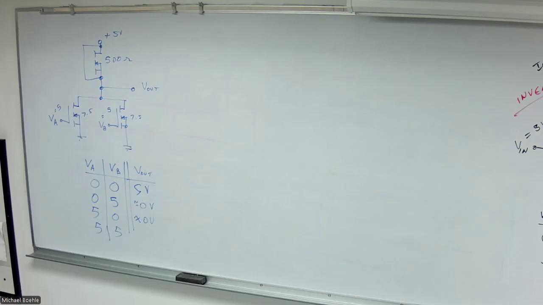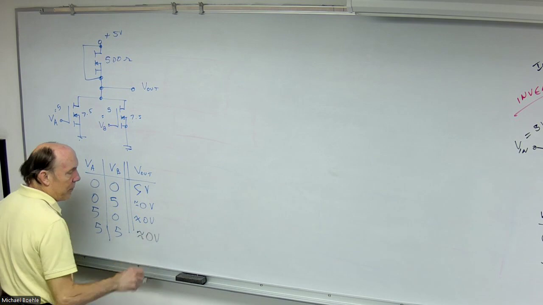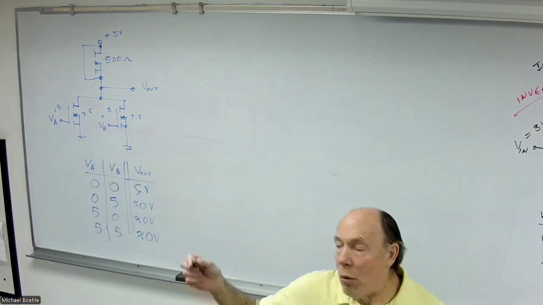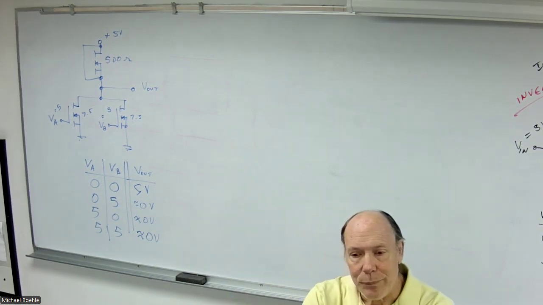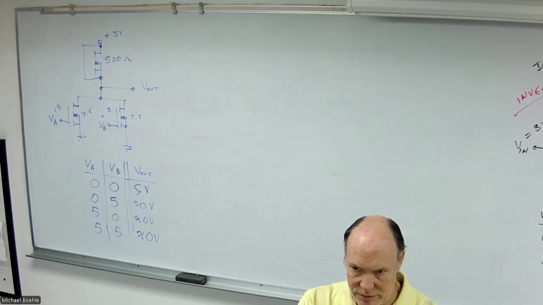Well, basically 3.75 divided by 507.5, 3.75 times 5, or about 37.2 millivolts. In other words, once again, about 0. What have I just built? What type of logic gate is this?